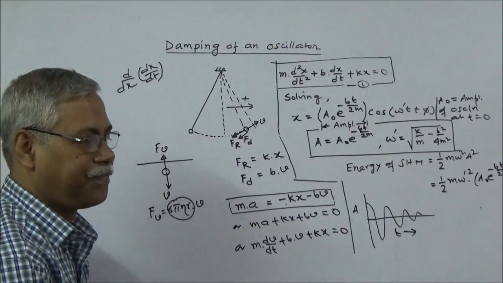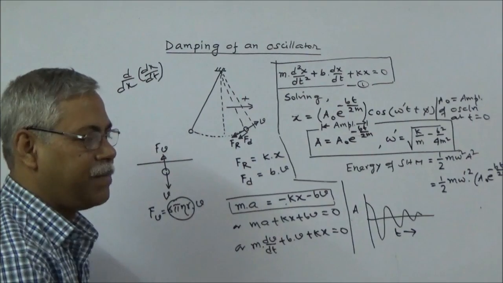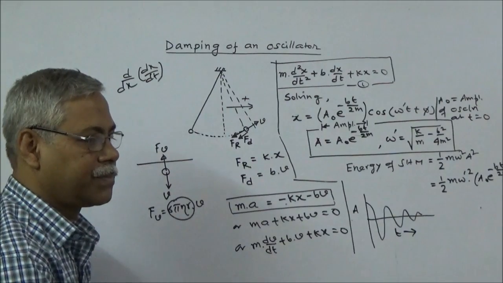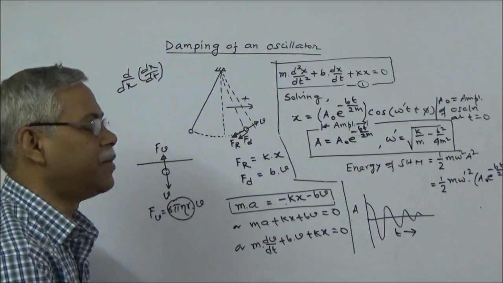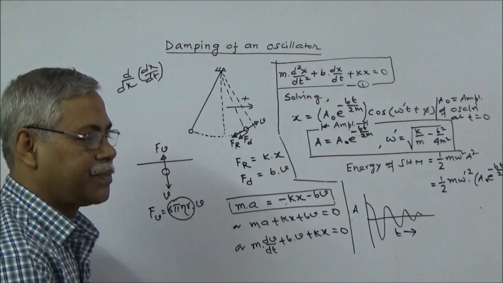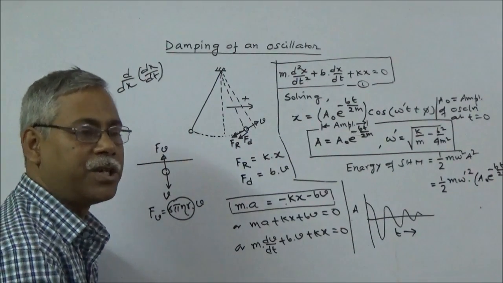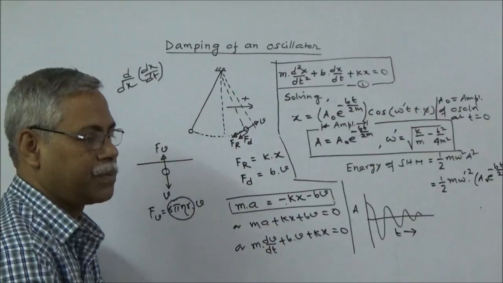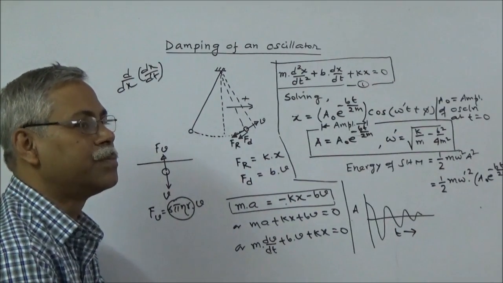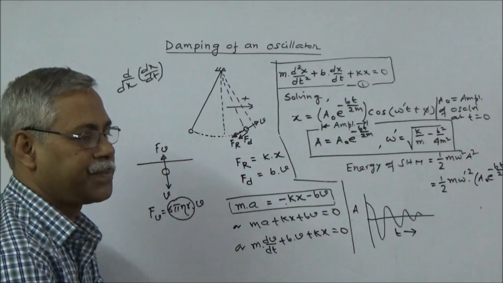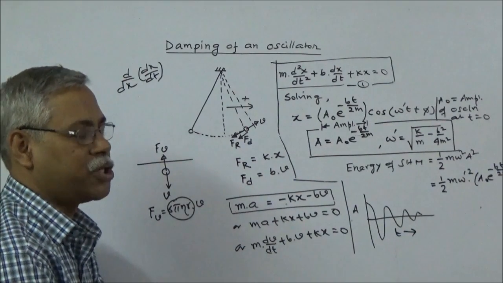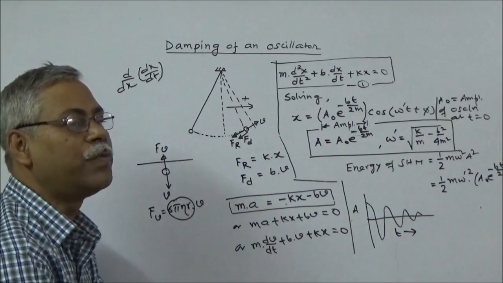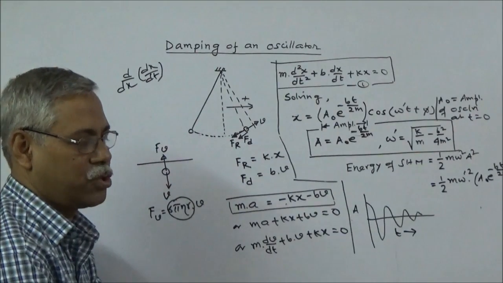In what time will the amplitude of oscillation be reduced to 50% of the starting amplitude? In what time will the amplitude of oscillation be reduced to 50% of the starting amplitude?